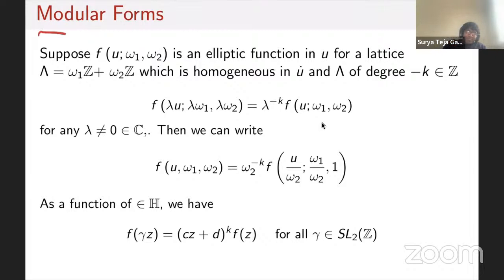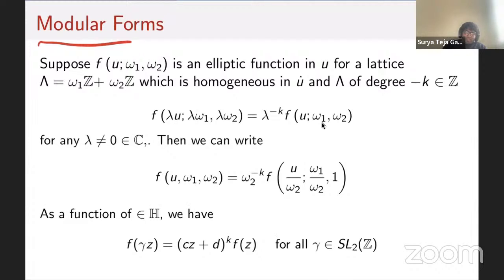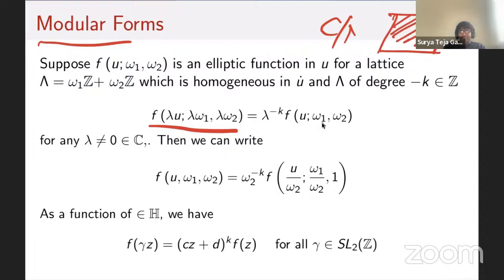Now, like I said, take any function on the lattice, C mod gamma, an elliptic function, a function which is periodic with respect to the lattice. And let's say it satisfies some extra properties. W1, W2 are the basis of the lattice, and U is just the coordinate inside the complex plane.